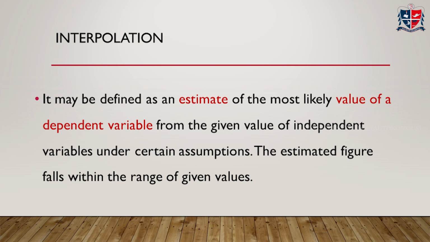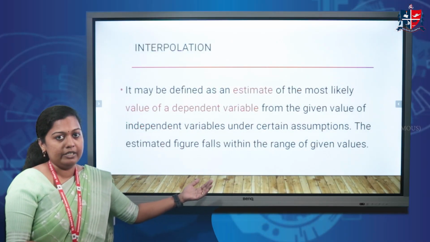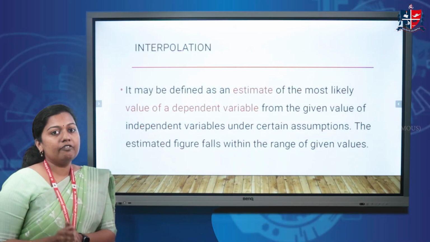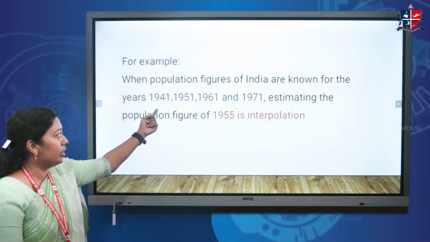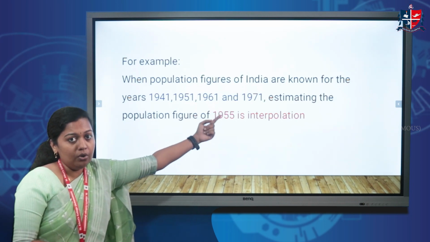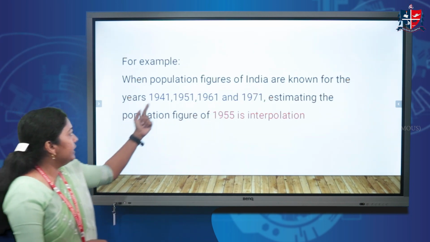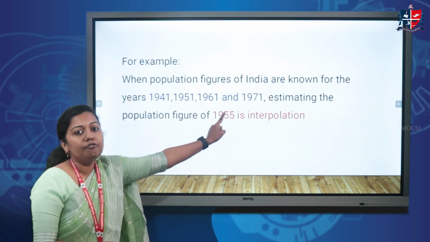And in this interpolation, the value to be interpolated, that is the value to be estimated, should lie within the given range of data. For example, here we can see the population figures in India of 1941, 51, 61 and 71 are known. We can interpolate with the help of these data the population figure for the year 1955.